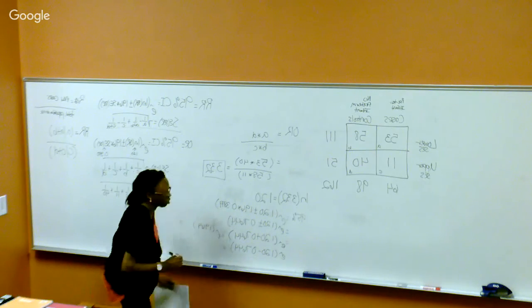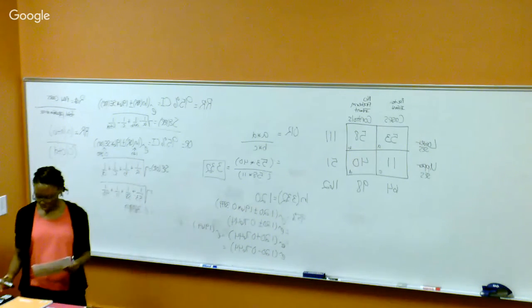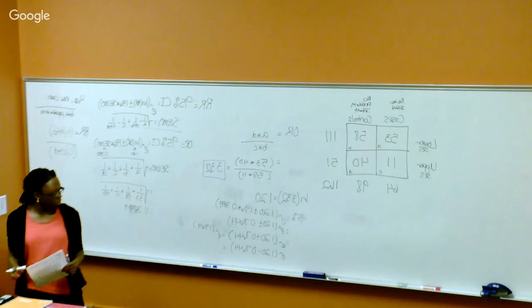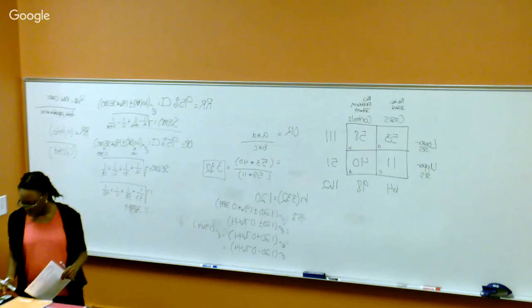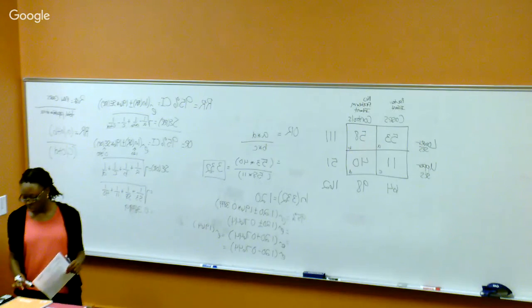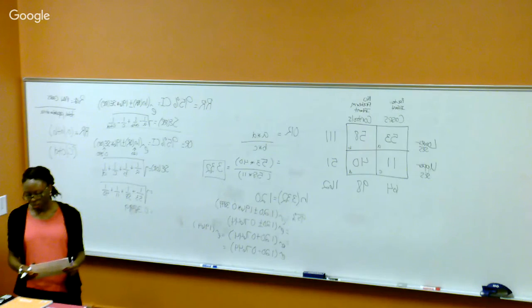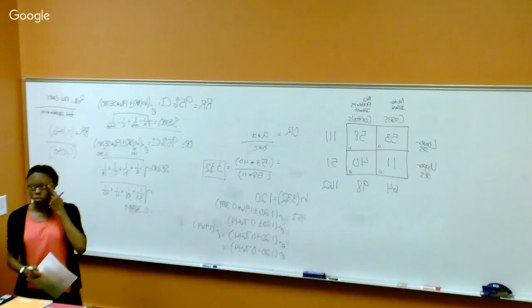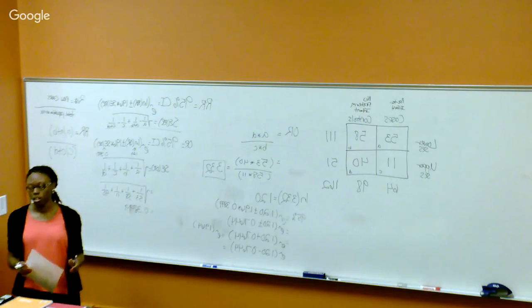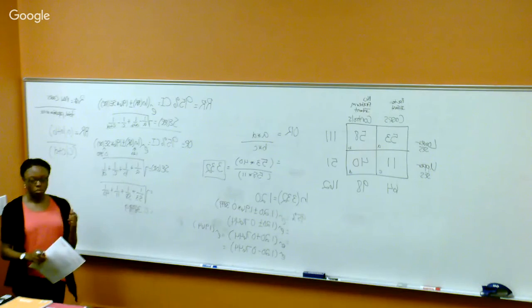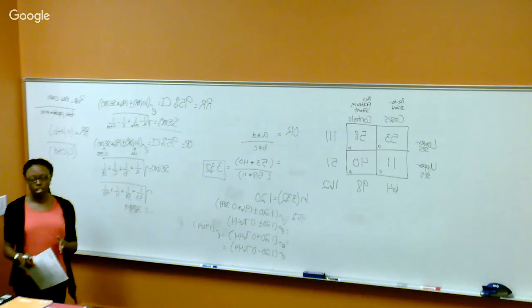Is it fine that I just kept it at 1.96, or did I need that extra digit? I mean, when you're doing this on the test, I think that it's best to not round. I think you should keep at least 3 or 4 decimal places as you're going along. Because we're doing so many steps. If you round it too much, by the time you get to the end, it's going to really affect your answer.